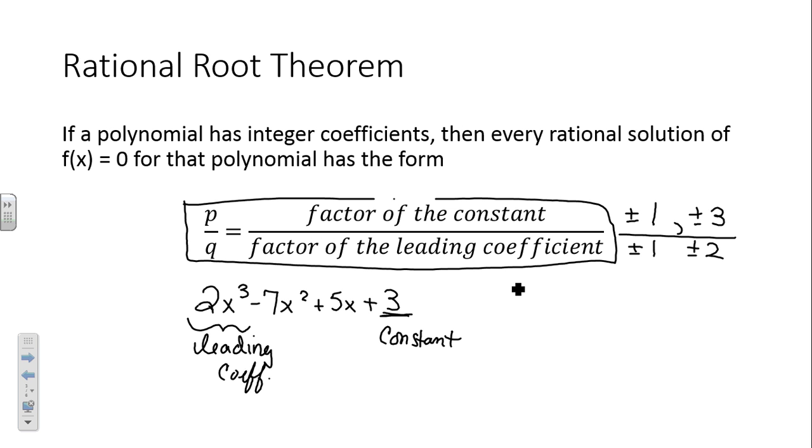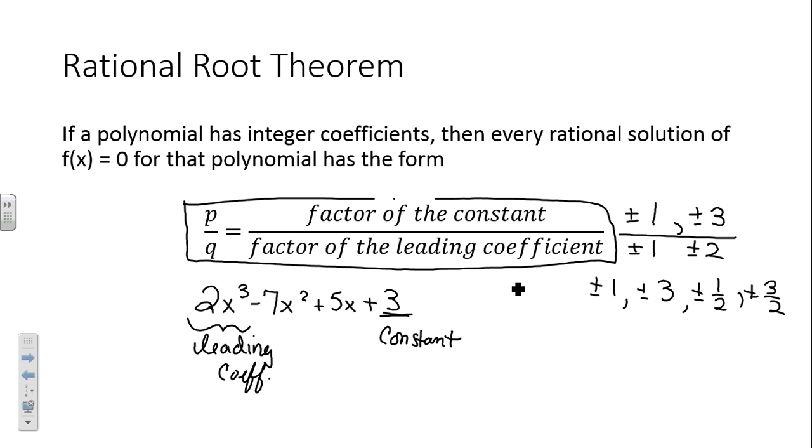So all of my possibilities for this one are 1, 3, 1/2, and 3/2. Those are all the possible rational roots that this particular equation can have.